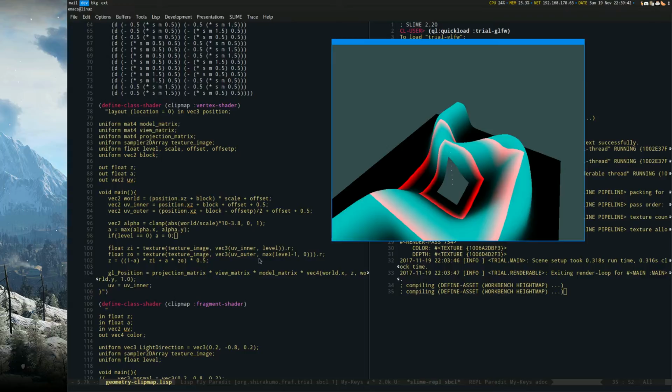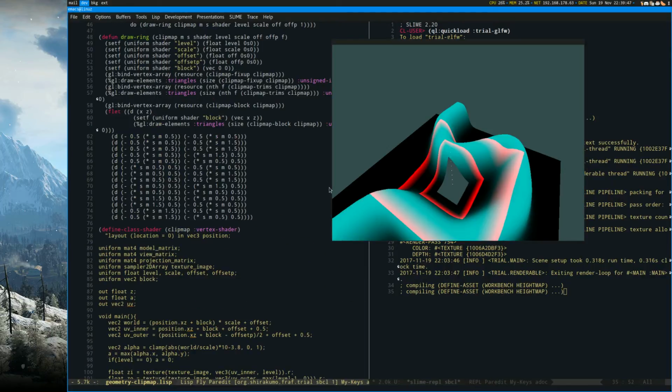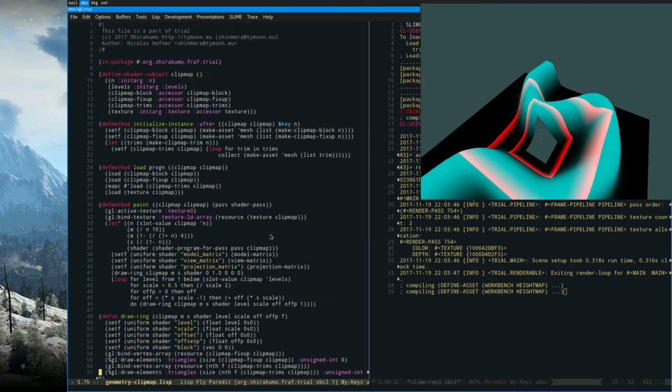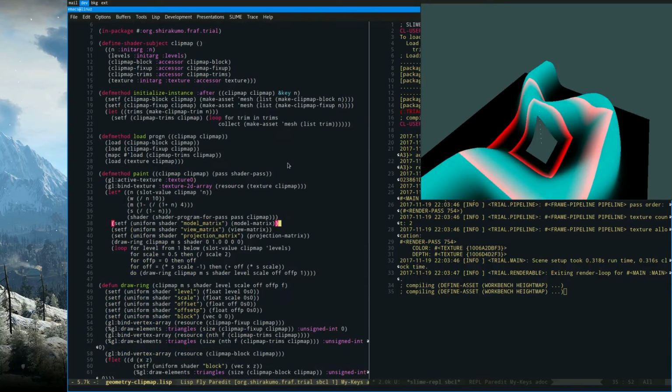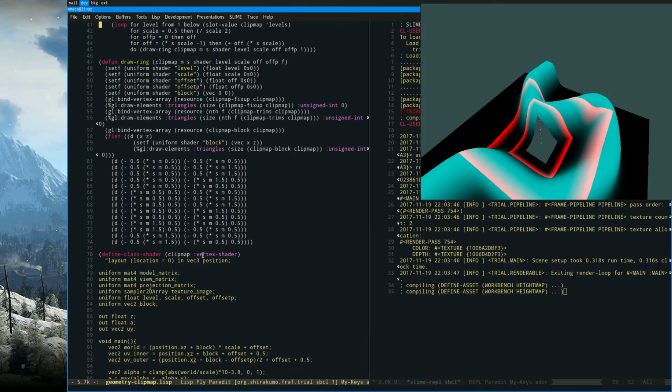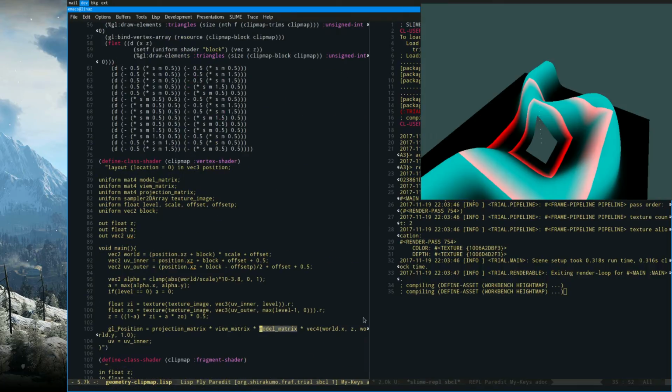How do we do this? Another thing we can eliminate is the model matrix. We definitely don't need that. Off with you!